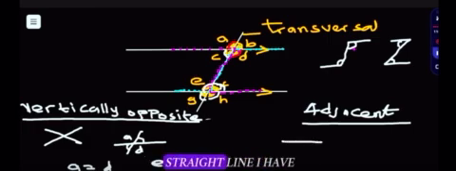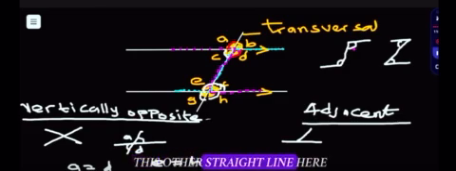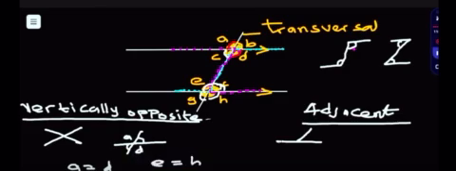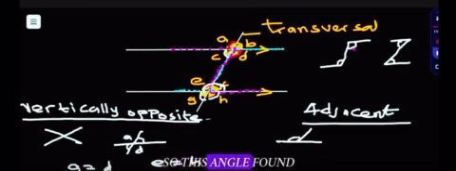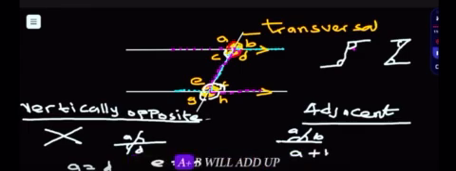So if it is a straight line, and you have a line that meets this other straight line here, this angle formed here, which is A, and the other one here, B, add up to 180 degrees.